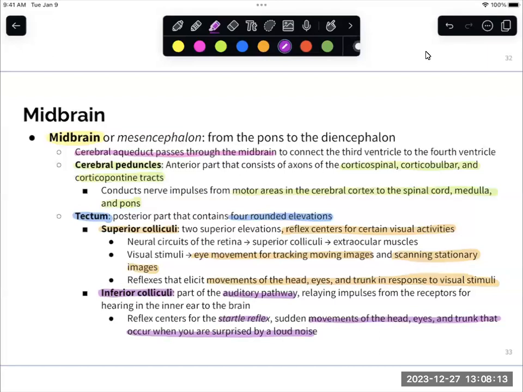So this is where the superior and inferior colliculus work together. I mentioned before, when you hear something over your shoulder, it allows you to turn and look. That inferior colliculus, that loud noise, or somebody yelling from behind you, and superior colliculus lets you move that head, eyes, and trunk to follow.